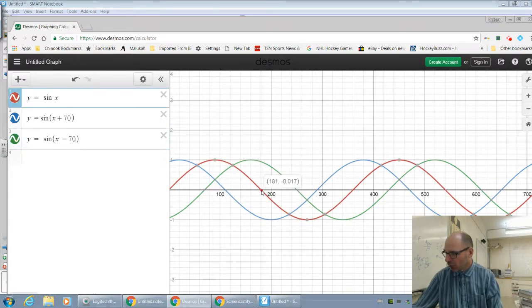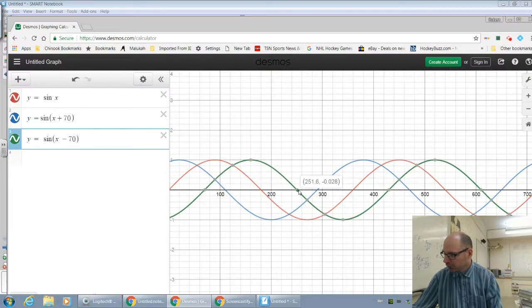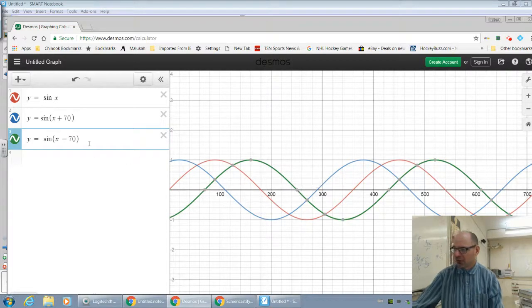So instead of being at 180 here and 0, it's moved to 250, which is 180 plus 70. So notice that the negative value has shifted forwards and the positive value has shifted backwards. So it's kind of a reversed type thing of what you would think.